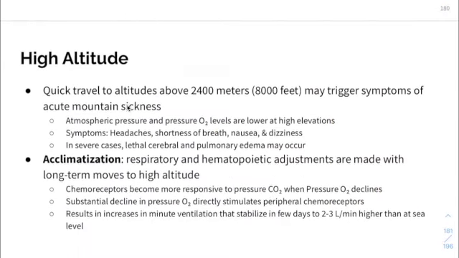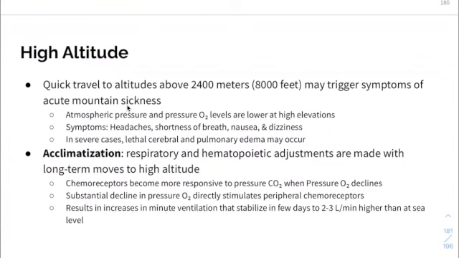What about high altitude? If anybody's ever tried to do anything at very high altitudes, you notice that it's a lot harder to breathe. So if you were to hop on a plane, go to Colorado, Utah, Oregon, even California, Washington, anywhere that's got over 8,000 feet of elevation, you get off that plane and you go straight up the mountain.